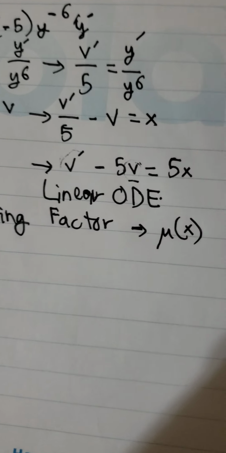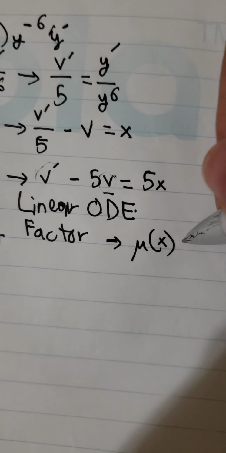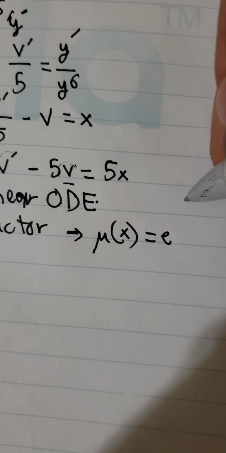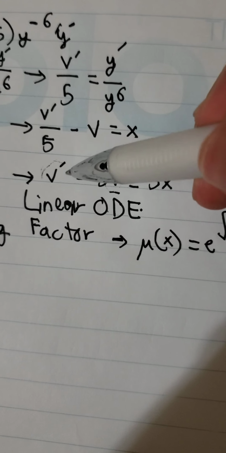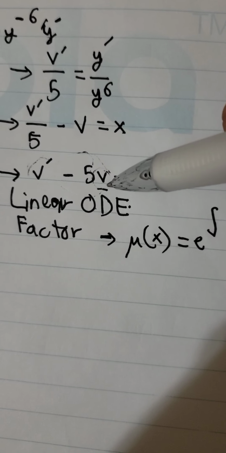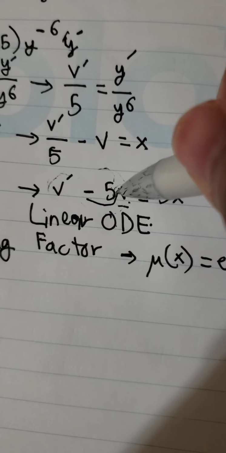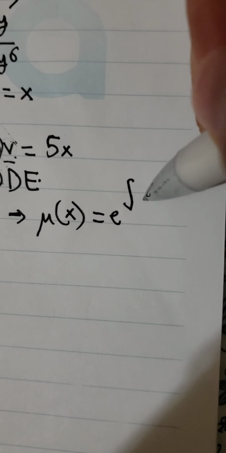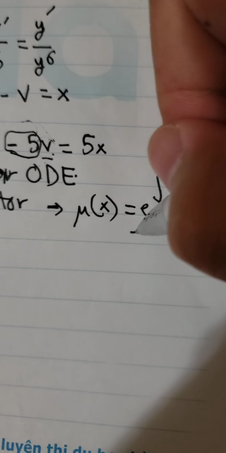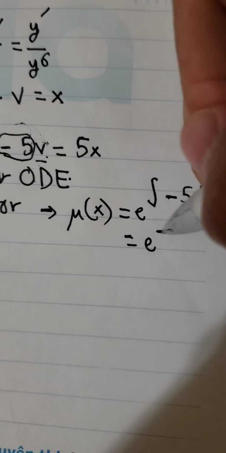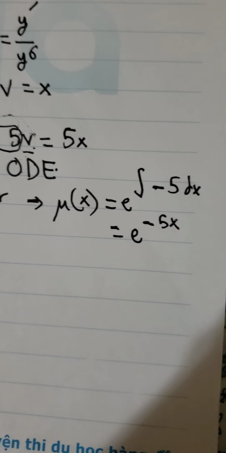So in this case, we need to find mu of s. That is e to the power of the integration. We can see that negative number 5 is next to v in here. So we put negative number 5 in this one. The integration of this one gives e to the power of negative 5s.